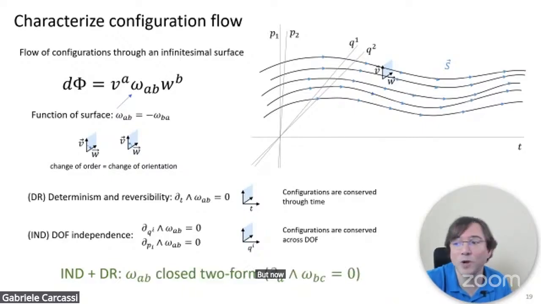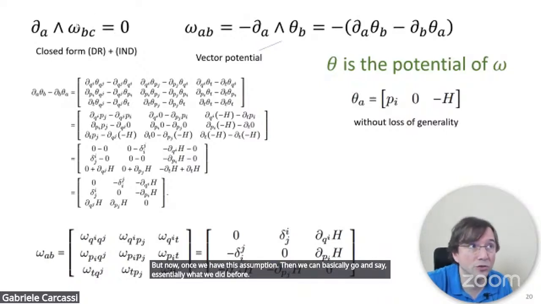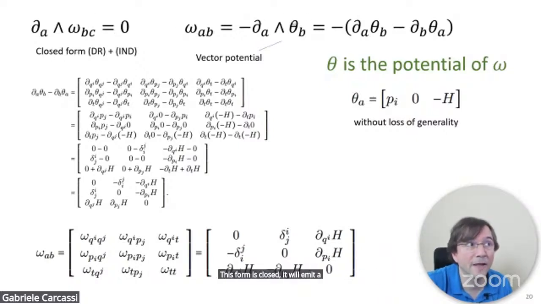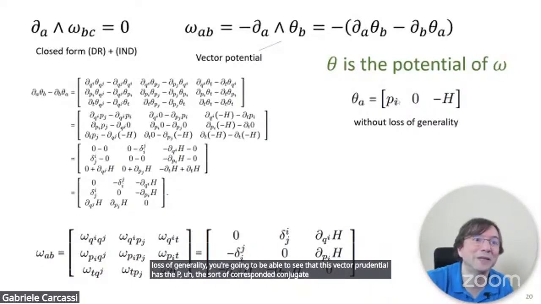But now, once we have this assumption, we can basically say essentially what we did before. This form is closed, it will admit a vector potential. And then, again without loss of generality, you're going to be able to see that this vector potential has the P, the corresponding conjugate momentum, in the position.